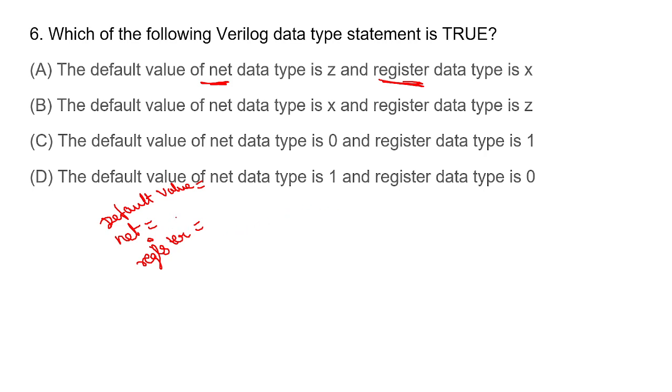What will be the default value of a net type and the register type?